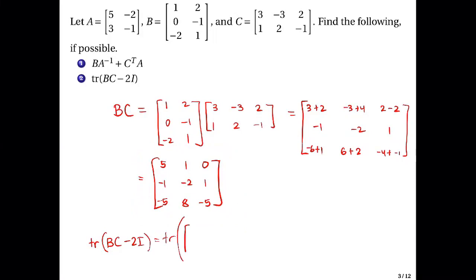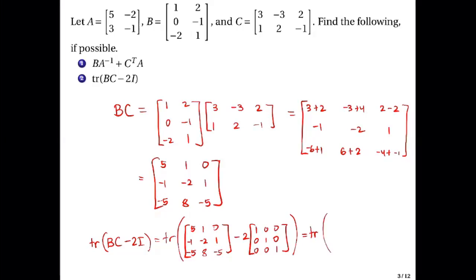Let's write this. You have 5, 1, 0, negative 1, negative 2, 1, negative 5, 8, negative 5. So minus 2 times the identity. The identity is just 1, 0, 0, 0, 1, 0, 0, 0, 1. Okay? So this is just the trace of, let us calculate.